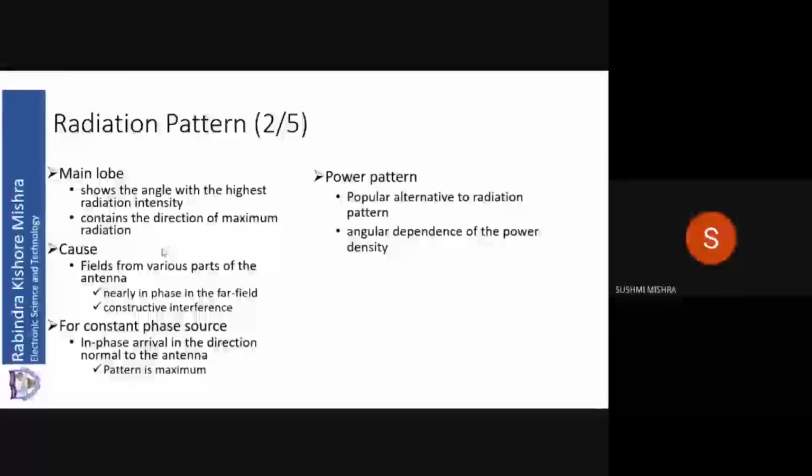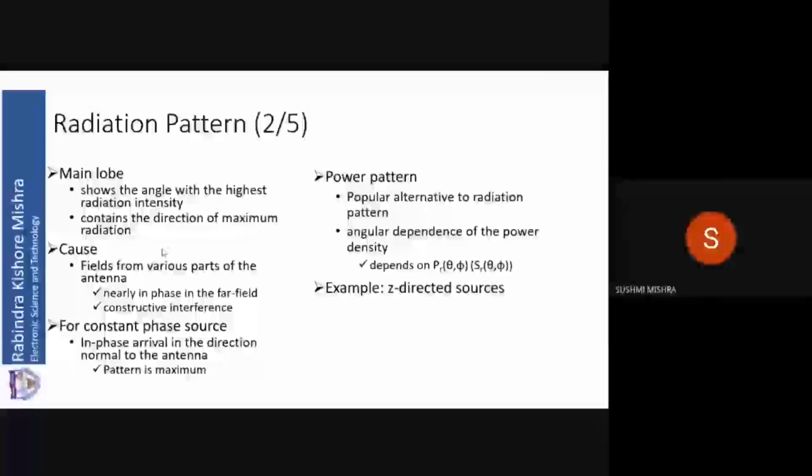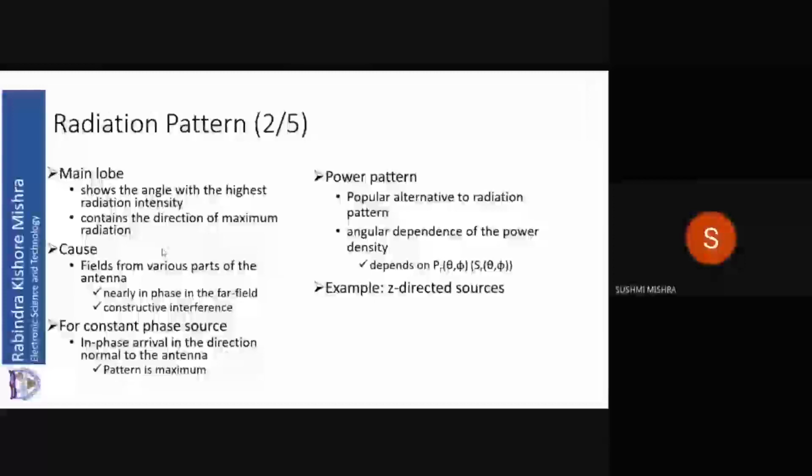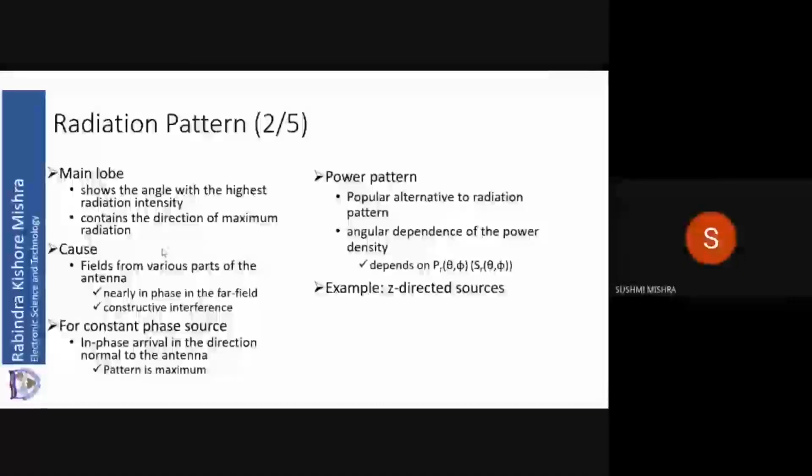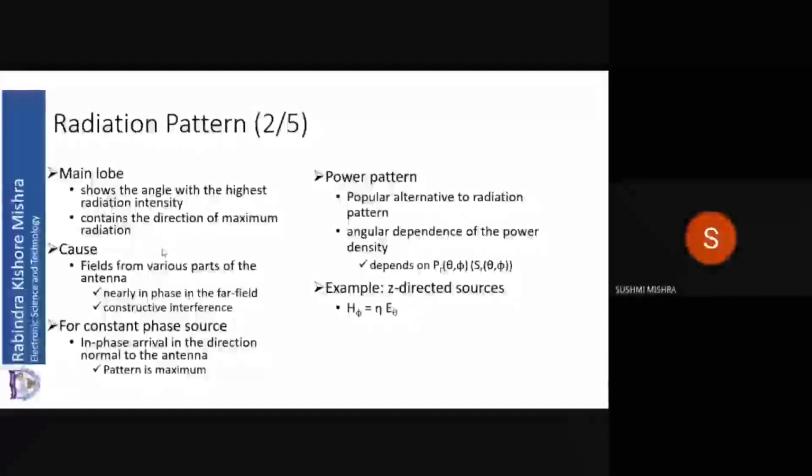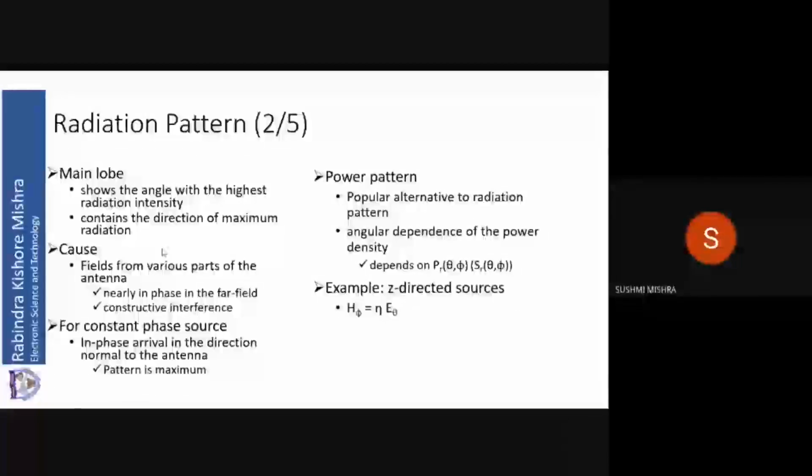Now the problem with this is the electric field can be complex in nature. So if it is complex in nature, we take its mod or absolute value. That is the problem with field pattern. Instead of field pattern, sometimes we consider radiation pattern, power pattern.